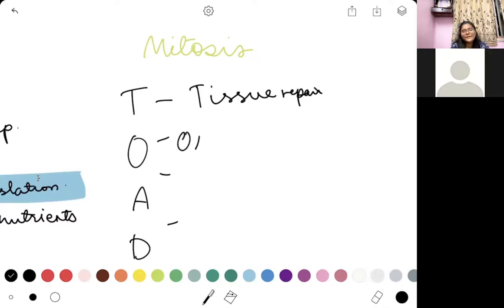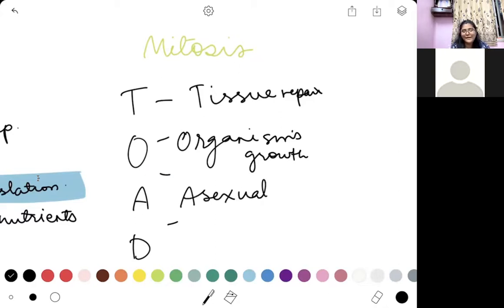It allows for the organism's growth. So I'm going to write organism's growth. This particular kind of cell division is a key process in your asexual reproduction.